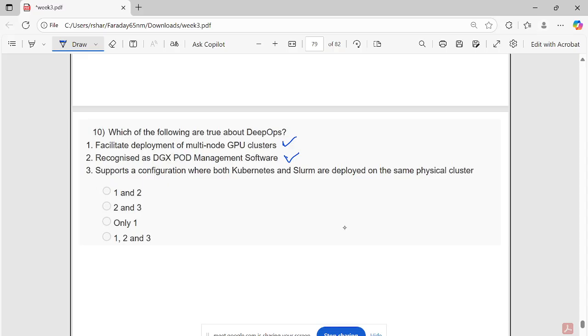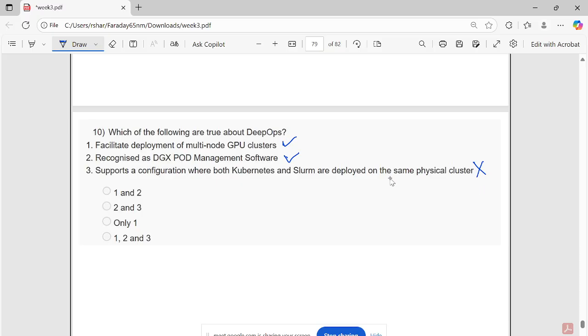But supporting the configuration where both Kubernetes and Slurm run on the same physical layer is not a standard feature of DeepOps. Running Kubernetes and Slurm side by side on the same node may require careful resource partitioning, scheduling, and some custom integration. So it is not directly provided by DeepOps, but may be possible.